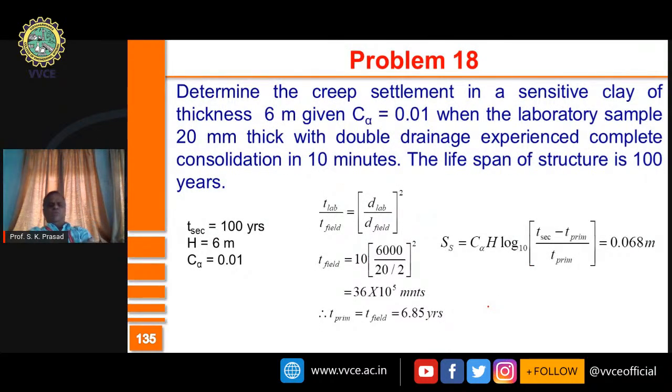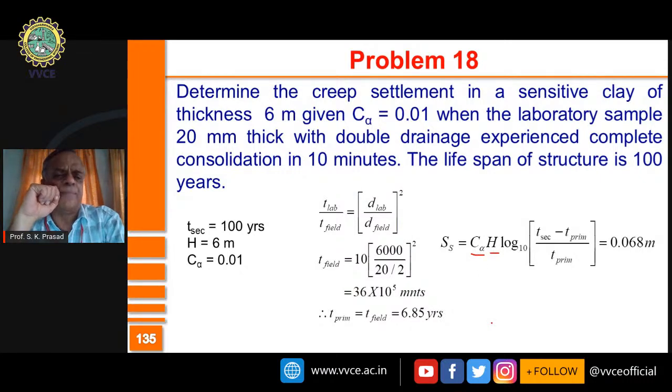So based on this, we can take one more problem related to creep or secondary settlement. Determine the creep settlement in a sensitive clay of thickness 6 meters. Thickness is given as 6 meters. C alpha is given, that is the coefficient of secondary compression.